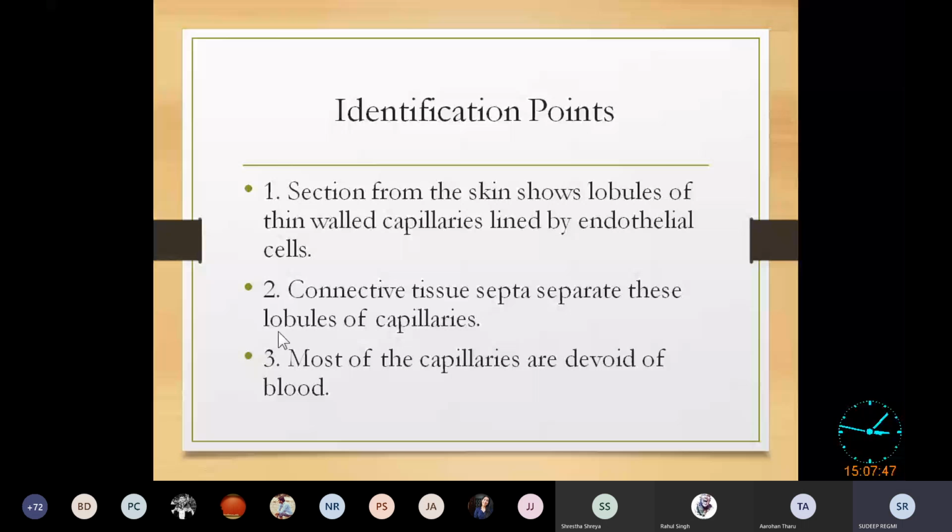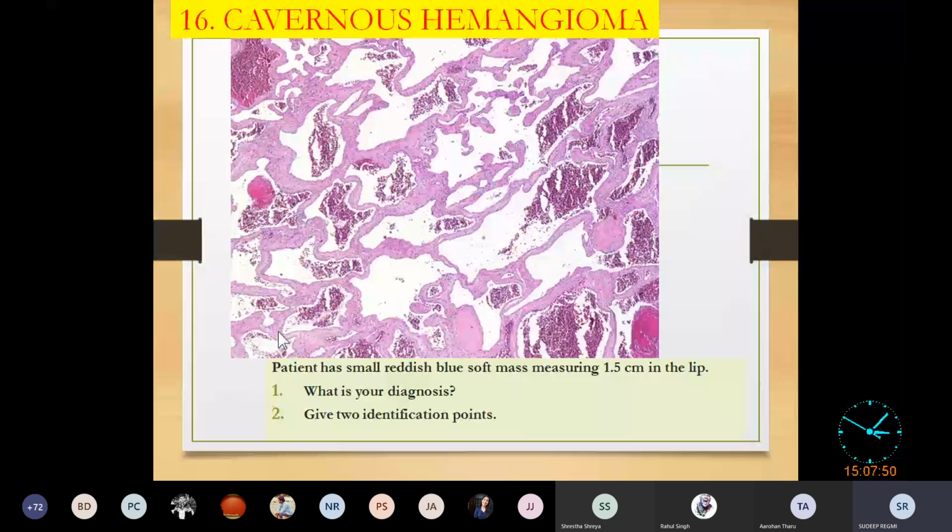So, the 16th slide. Describe this. Dilated blood vessels. Blood vessels are filled with RBCs. And the intervening stroma is very less, scant.